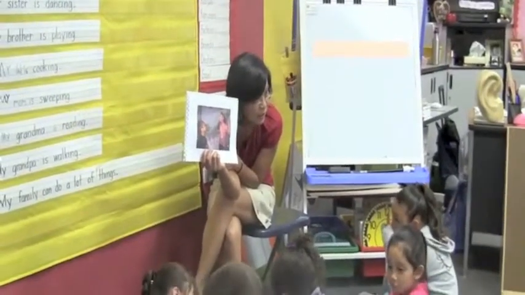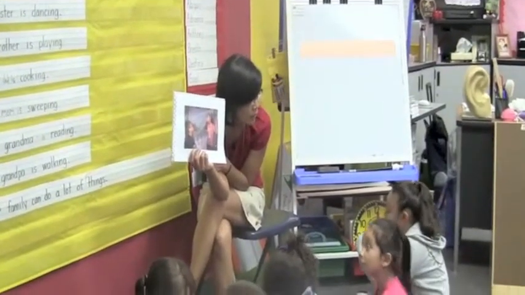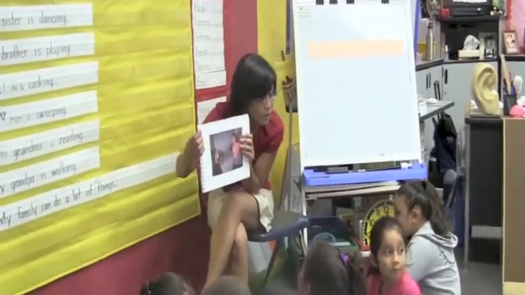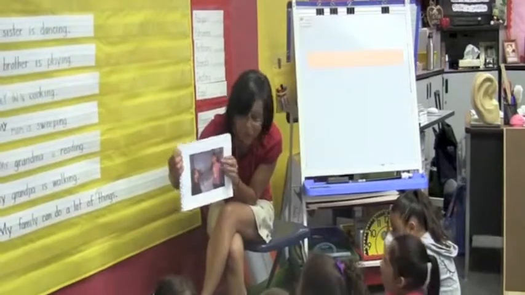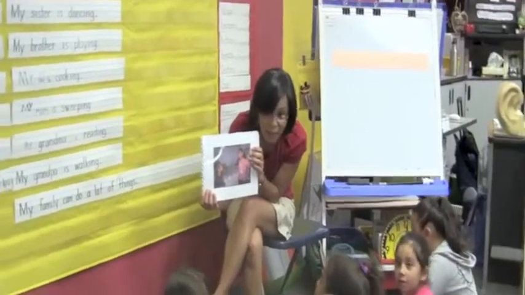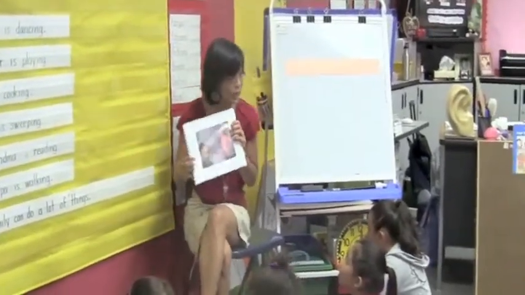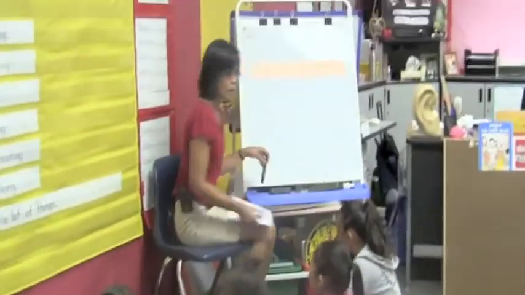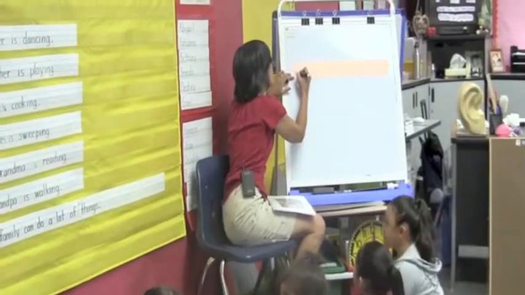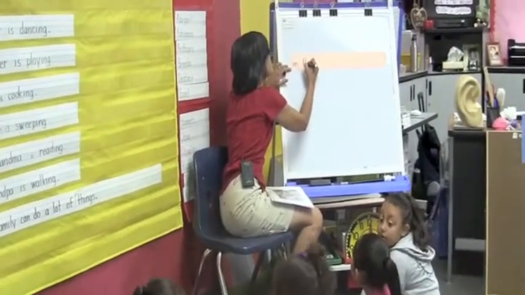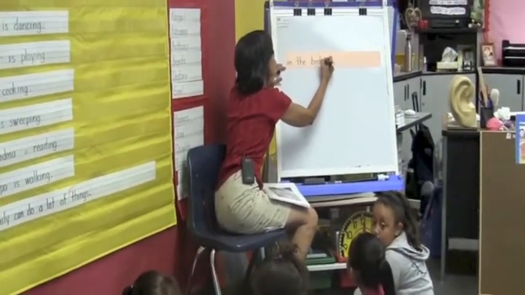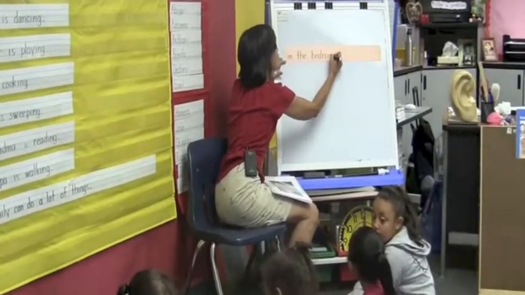In the bedroom. Where? In the bedroom. So we could elaborate and tell the readers where this is happening. My sister is dancing in the bedroom. So we could add that and tell our readers where the story's happening. Watch how I write, in the bedroom. In the house. That's right, it's a place in the house.